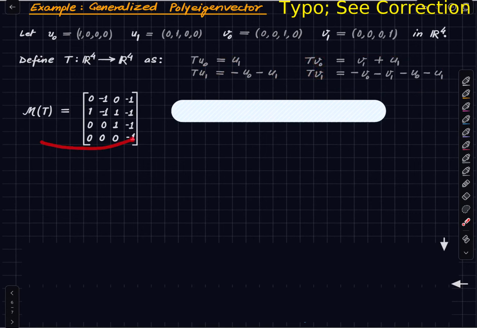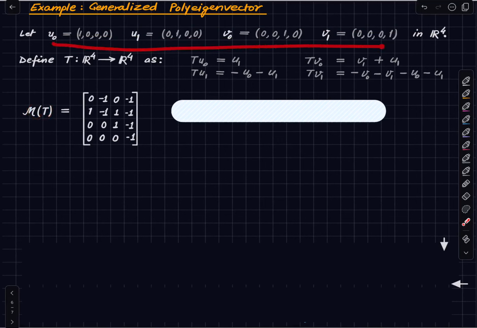In matrix form, it looks like this. The matrix of T with respect to this basis, I should technically write down the basis with respect to which this matrix is formed, but I have chosen not to do that for the sake of brevity. So this is the matrix of T with respect to this particular basis in that order. So the basis is ordered like that.